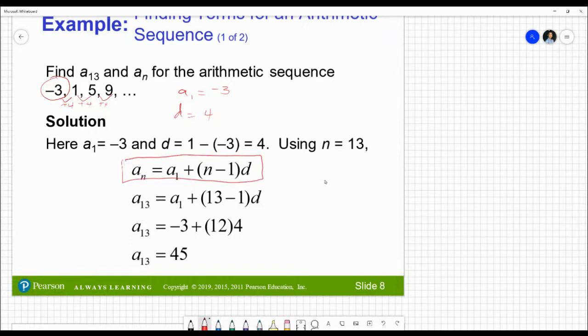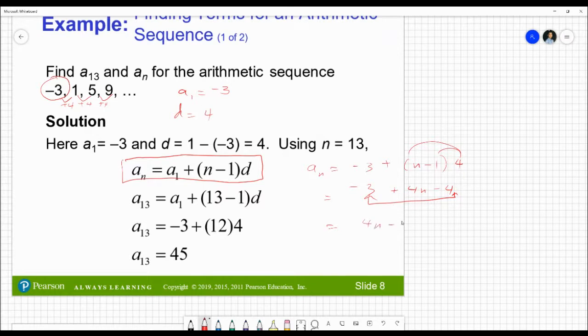So I'm actually going to find AN first. AN is equal to A1, which is negative 3, plus N minus 1 times D, which is 4. And I'm going to distribute and simplify this. You can see here, these two are just constants, so I can combine those two.